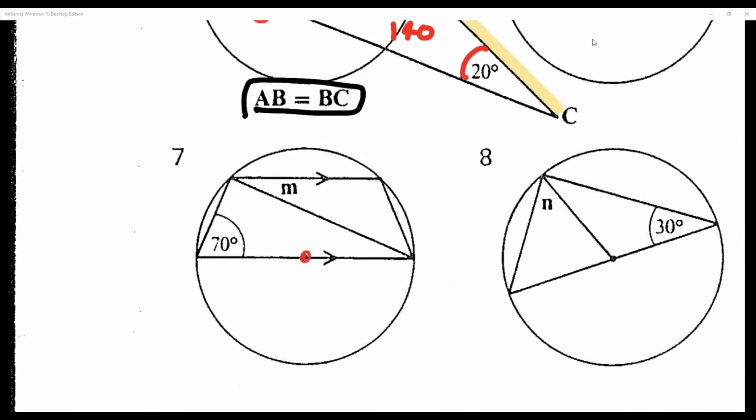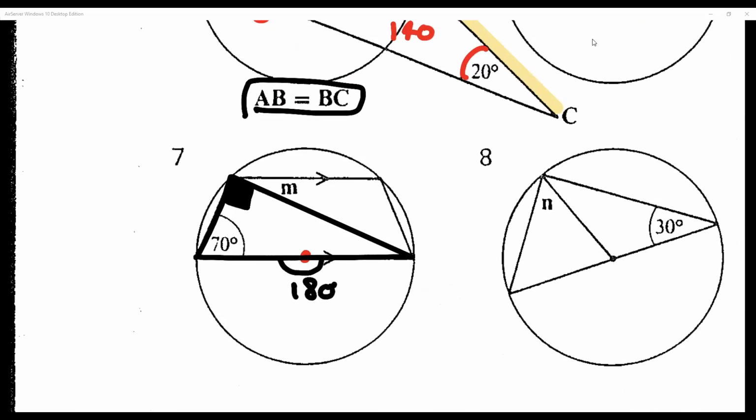Okay, question number 7, Aliza. Tell me something special about this triangle. It's a right angle triangle. It's a triangle in a semicircle, so that would be 90 because this one is 180.